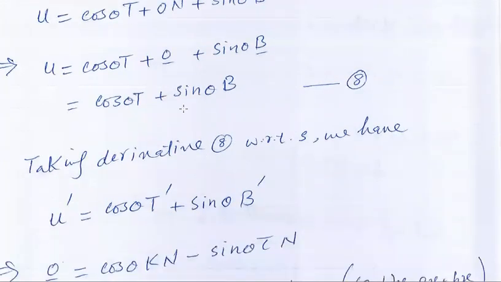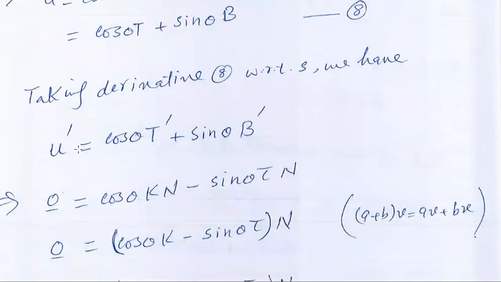Taking derivative of U with respect to S, we have U dash is equal to cos theta T dash plus sine theta B dash, because cos theta is constant, and also sine theta is constant, and the variable vector valued functions are T and B, and their derivatives we have represented here as T dash and B dash.